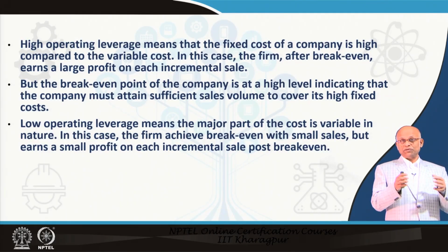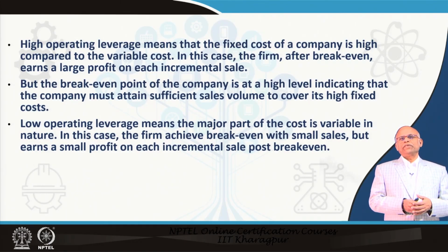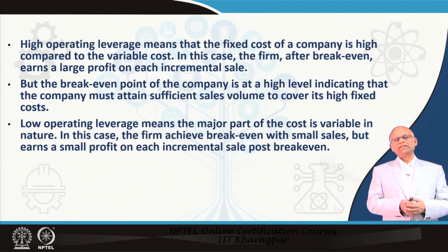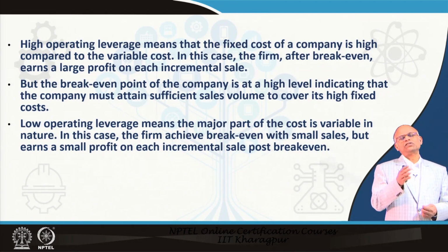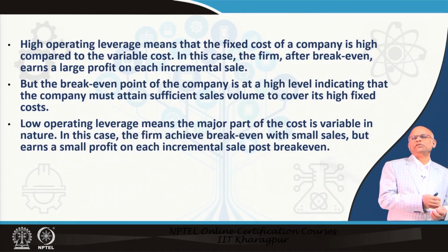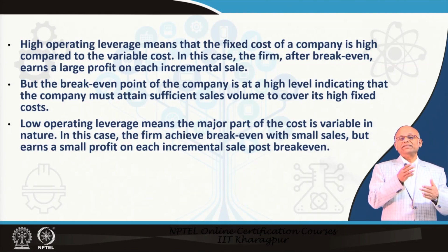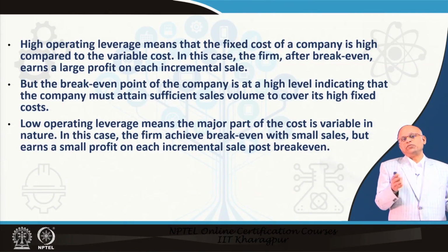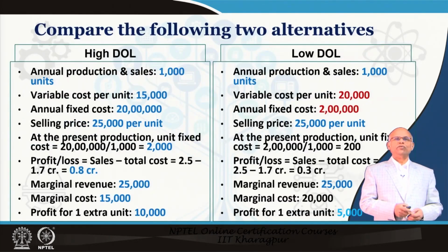If variable cost is high compared to fixed cost, then the slope of the total cost line is higher. So, it comes closer to your sales line and they intersect early. That is why break even point is at a lower level.